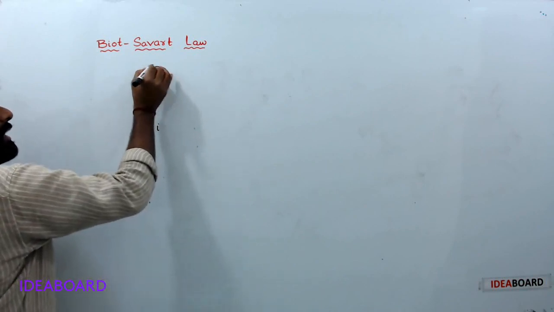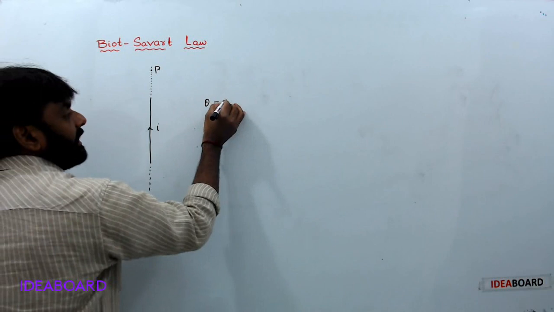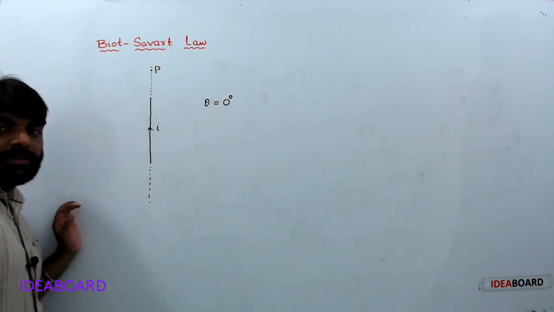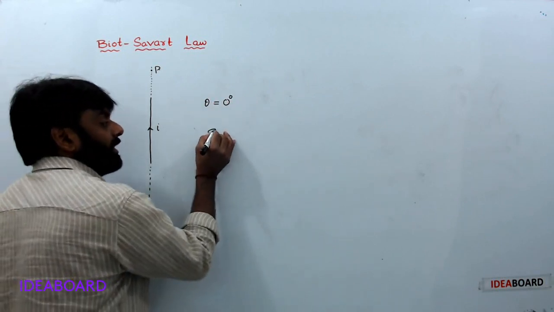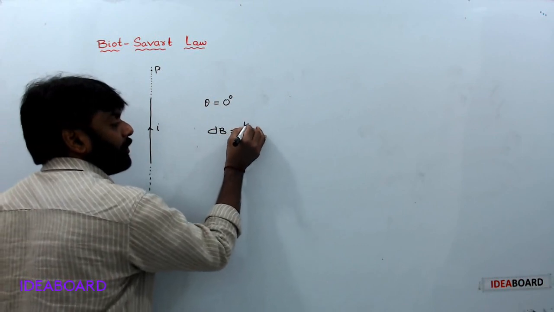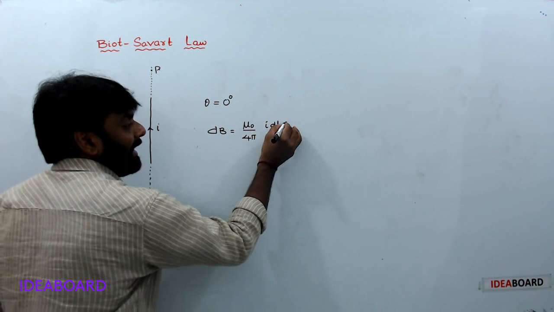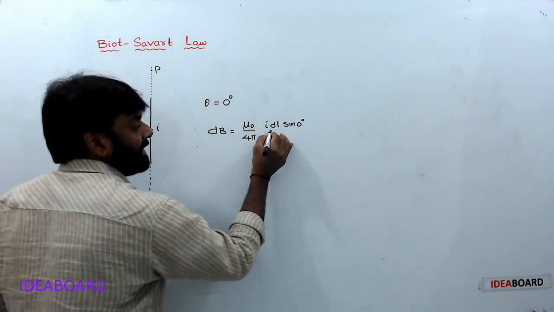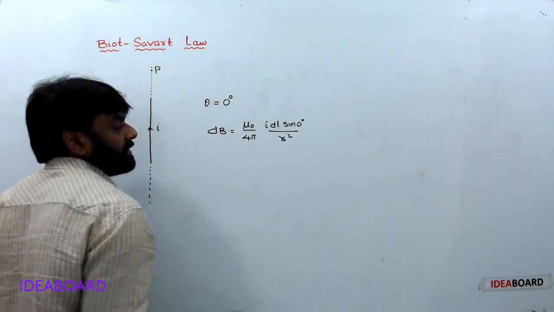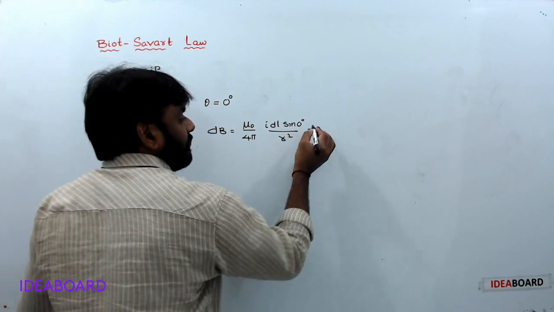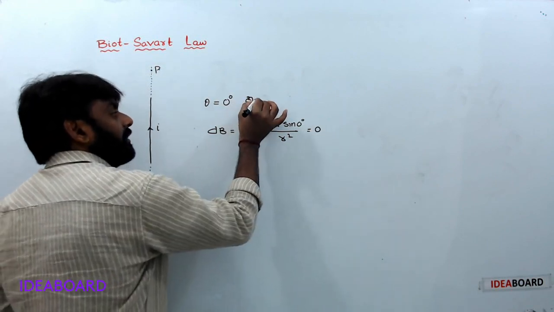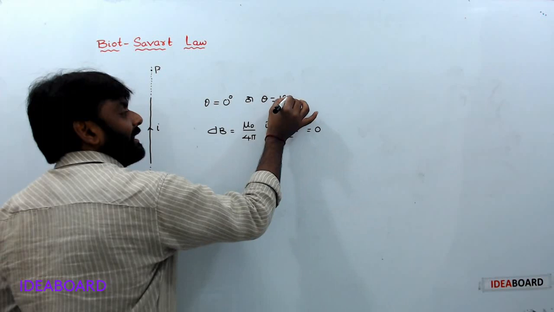That means theta is equal to 0 degrees, or 180 degrees. Then dB is equal to mu naught by 4 pi, I dl sin 0 degrees by r square, and sin 0 is 0.